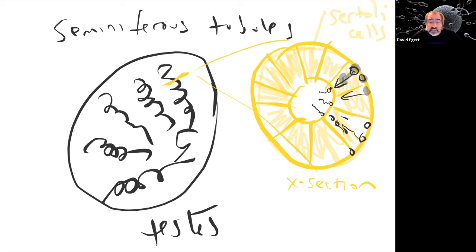Those cells are actually being enveloped by the Sertoli cells, and this process is promoted by what we call paracrine factors, things that the Sertoli cells are releasing that keep the process going. So this is spermatogenesis happening, promoted by the Sertoli cells. Ultimately, you end up with the little sperm that are in the lumen here.